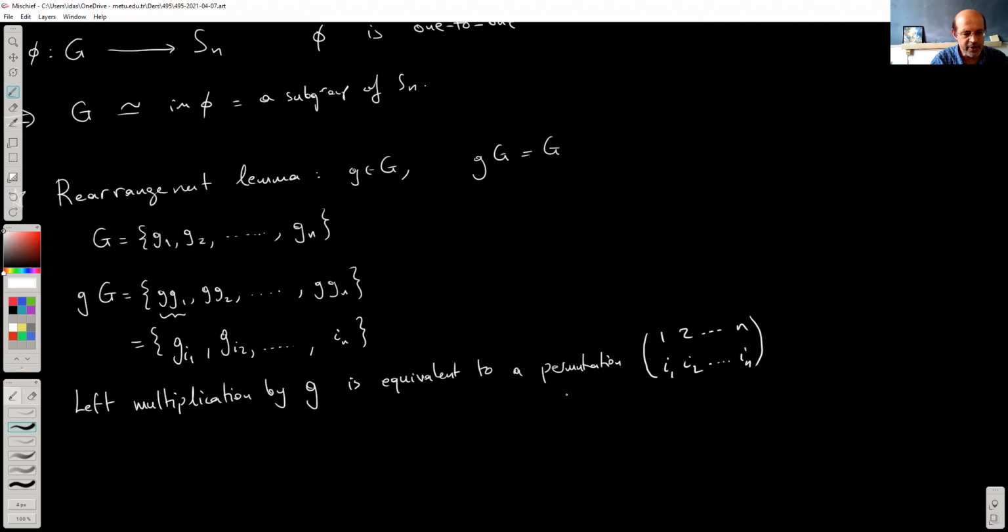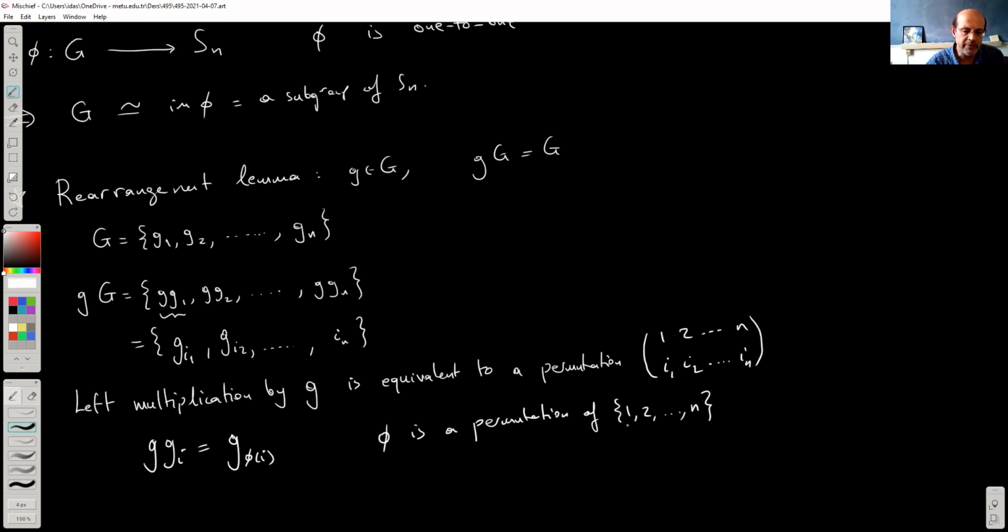I can then write this down like this: it's a formula, g multiplied with g_i is equal to g_{phi(i)}. Phi is a permutation of, let's say, the set of indices 1 to n. But you can think of these as the group entries as well.